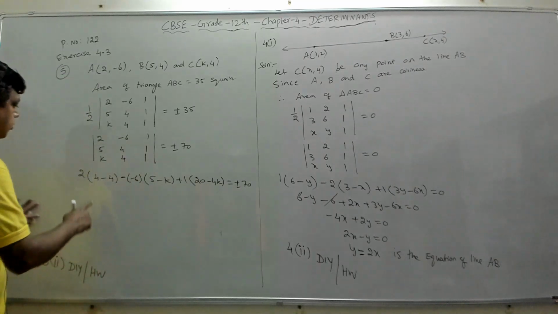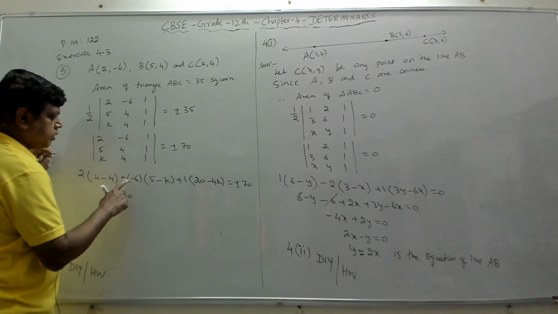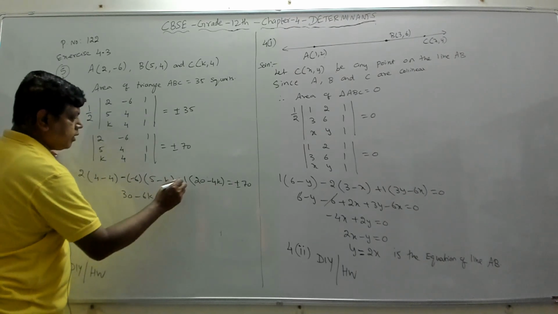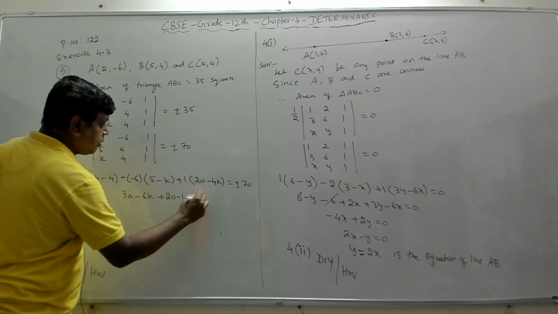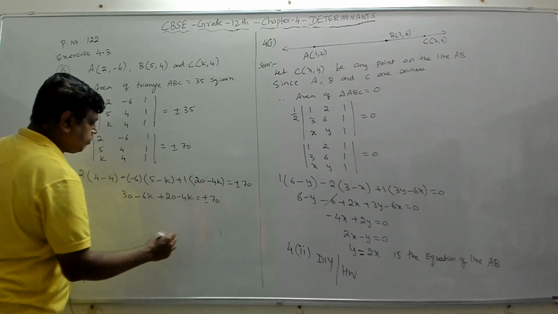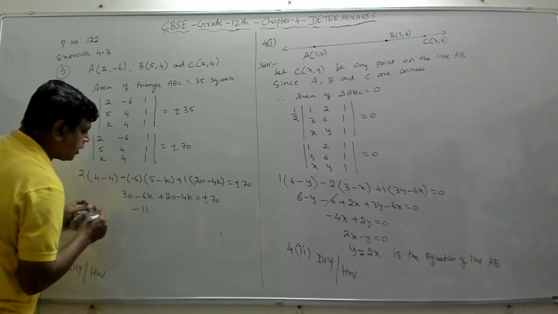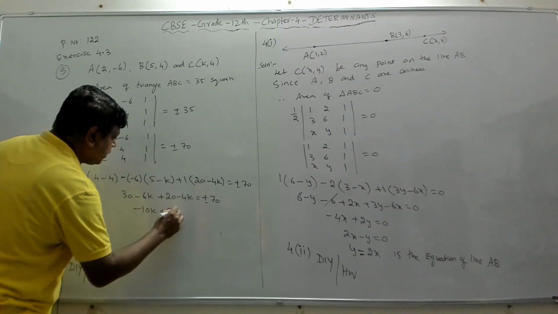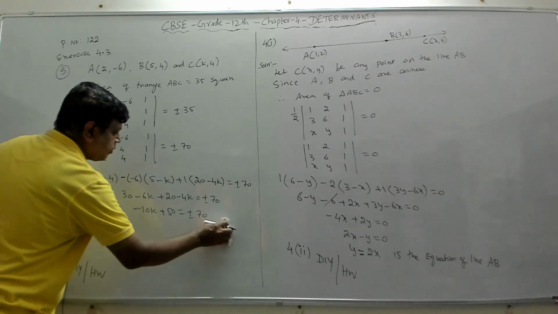So this is 0. We get 6 into 5 is 30. Then 6 into minus k is minus 6k. This is 20 minus 4k equal to plus or minus 70. And this is 50 and this is minus 10k. So minus 10k plus 50 equal to plus or minus 70. Right?